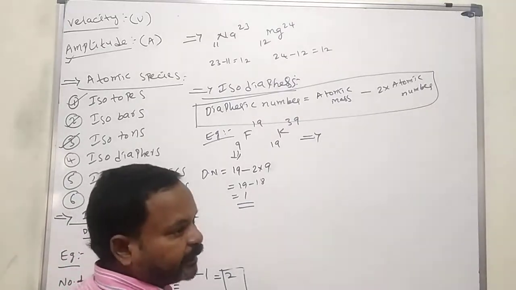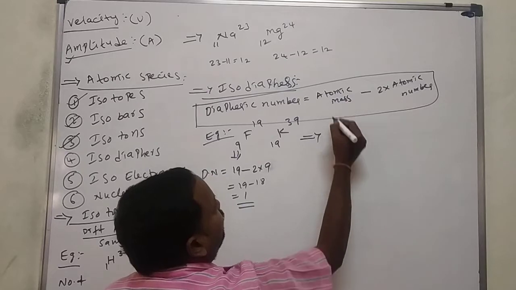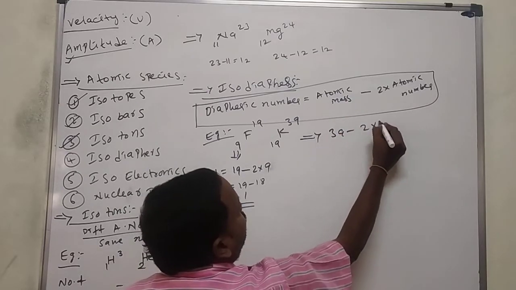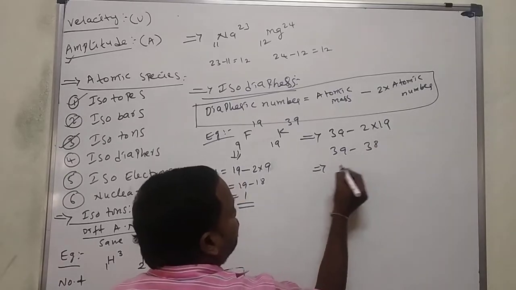For potassium: atomic mass 39 minus 2 into 19, that is 39 minus 38, equal to 1.